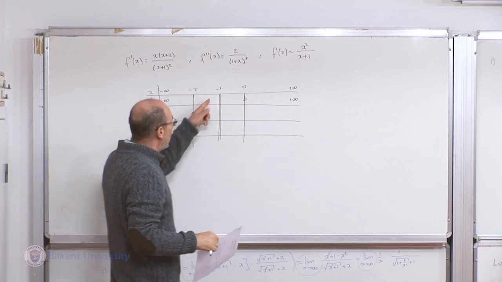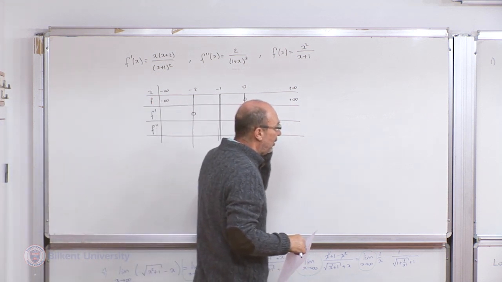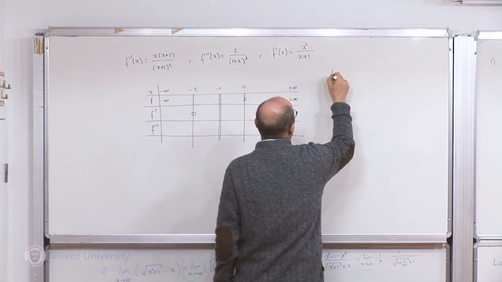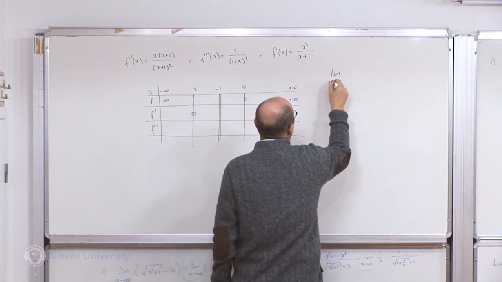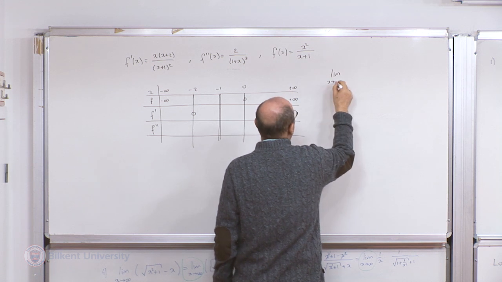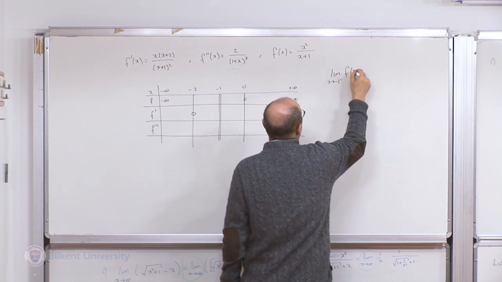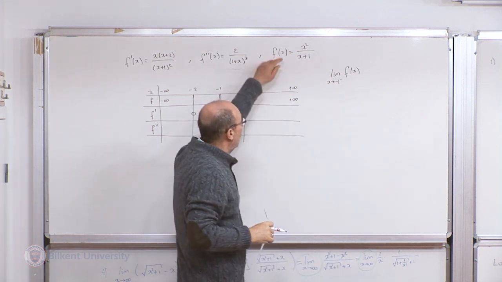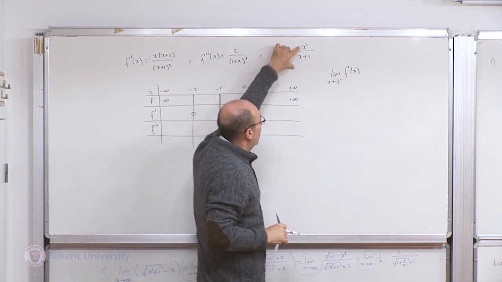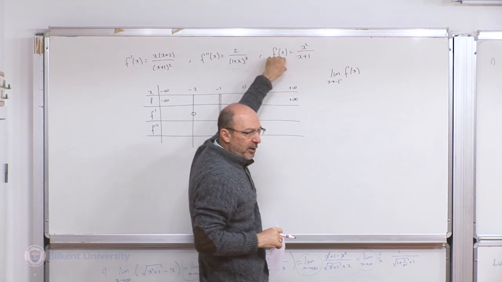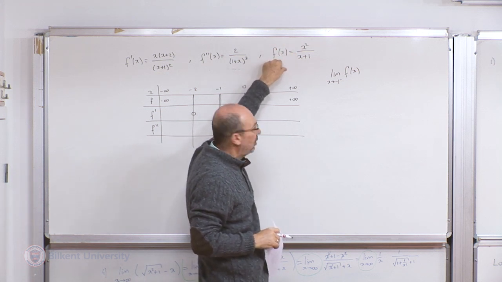And since we have an asymptote, we have to check the limits also. So here we check the limit as x goes to minus 1 from below of f of x. The numerator is always positive, and the denominator is going to 0, so we expect plus or minus infinity in the limit.